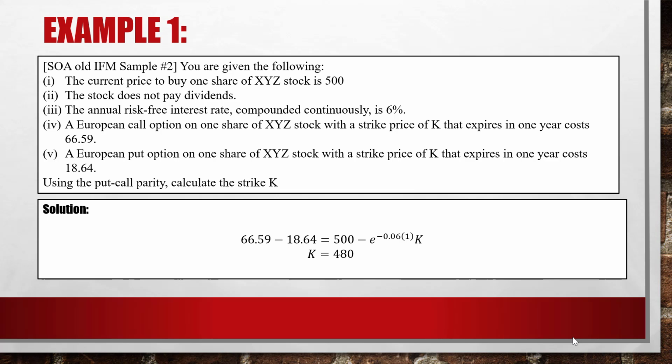And on the right side, we have the prepaid forward price, which is $500, and the strike K is not given. Here the interest rate is 6% compounded continuously, and the time T is 1 year. So from this equation, we solve for K, and K is $480.